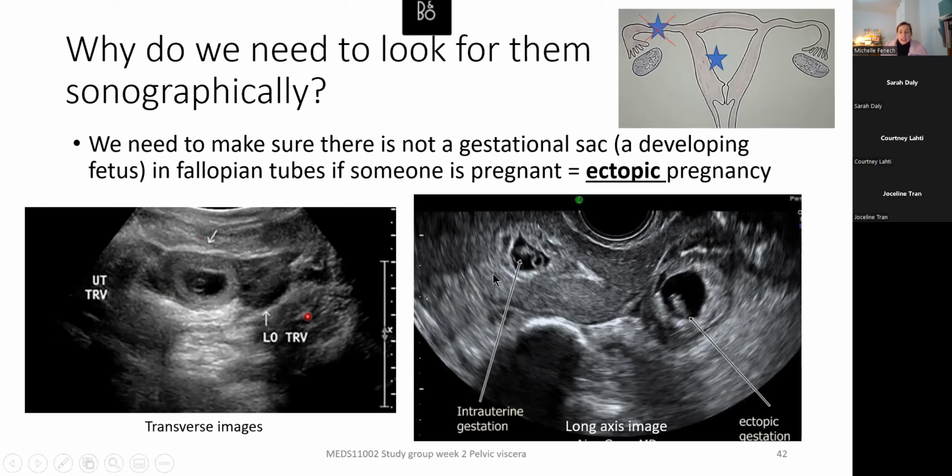Very occasionally, we can have an intrauterine pregnancy, which is the normal term, what we want. An intrauterine gestation is what we refer to as being pregnant. And so we can see a little yolk sac and a little fetal pole, and the gestational sac is this black area with amniotic fluid in it. And it's within the uterine cavity here of the uterus. There's also concurrently a pregnancy that has developed in the fallopian tube.